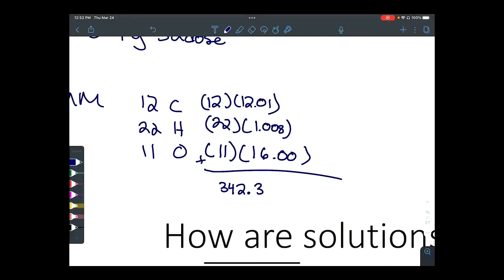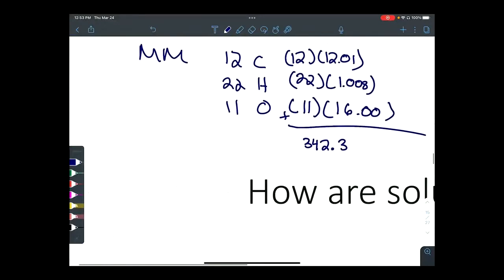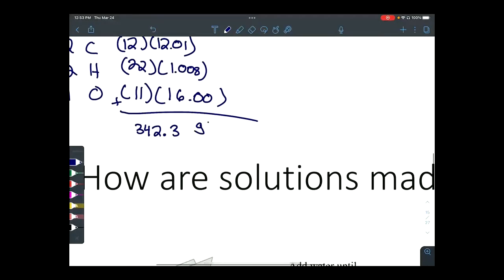So when we use the numbers off the periodic table, what unit is that in? Grams per mole. All right, so this 342.3 grams per mole. Again, I like to rewrite these derived units to showcase what two quantities they are relating.